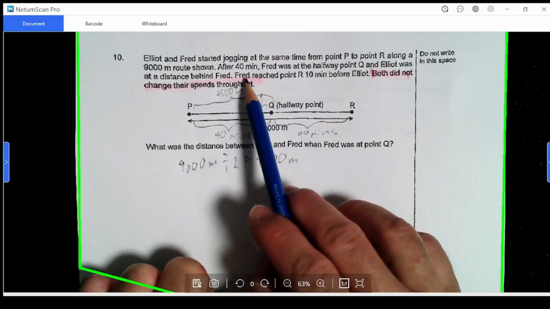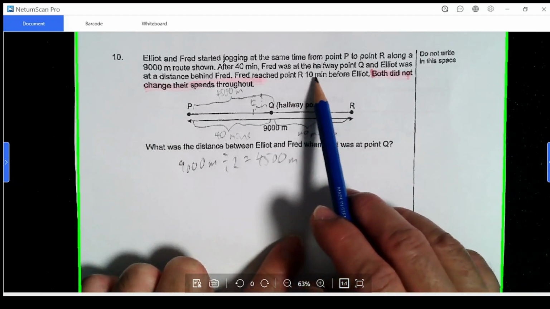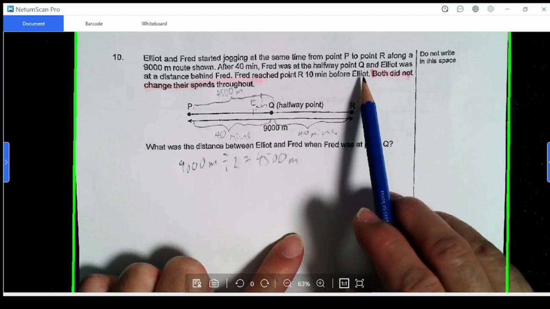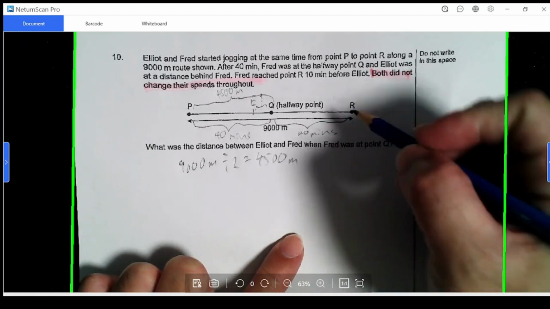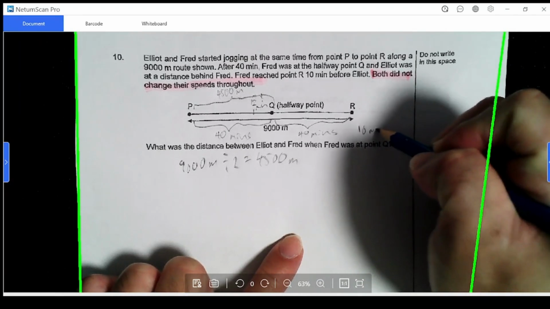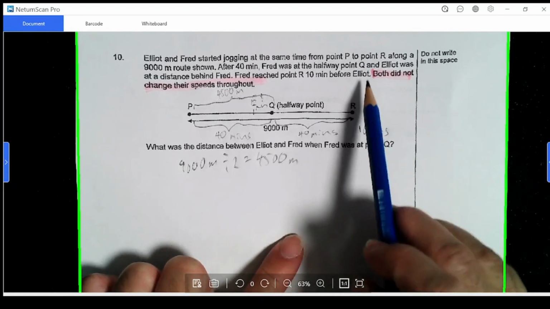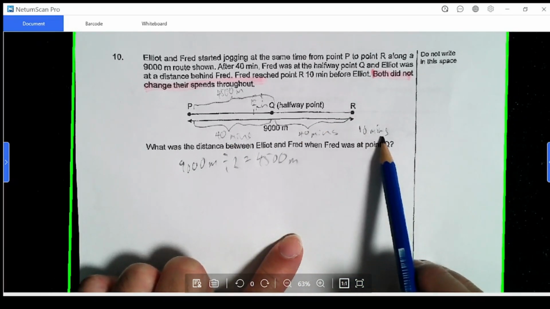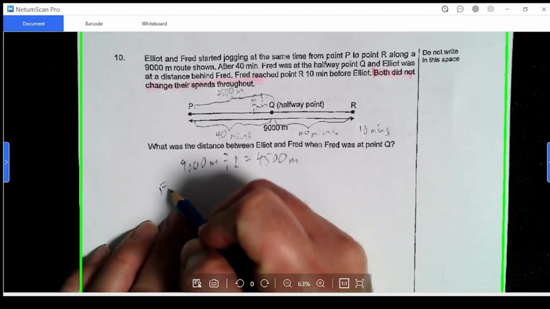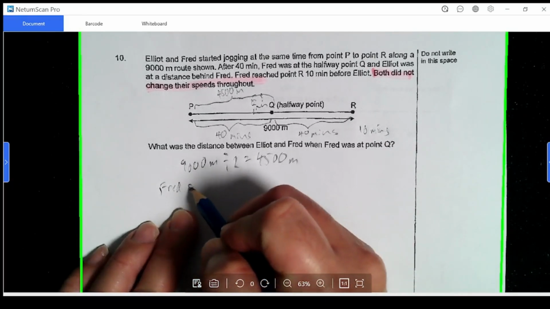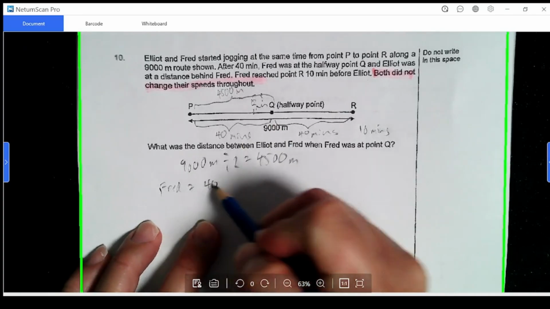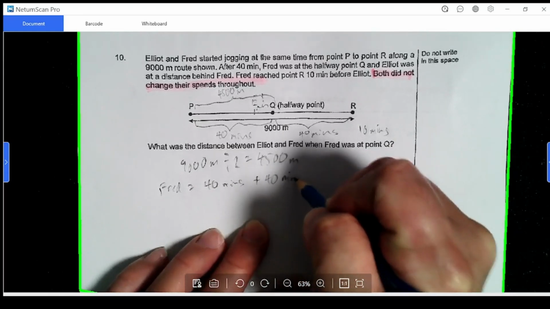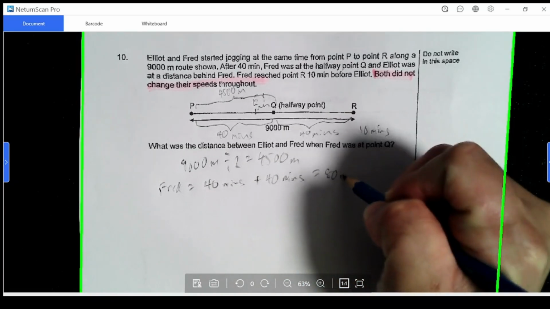Now, Fred reached point R 10 minutes before Elliot. So, in other words, Elliot reached here another 10 minutes later, right? So, Fred took, in total, how long? 40 minutes plus 40 minutes equals 80 minutes, right?